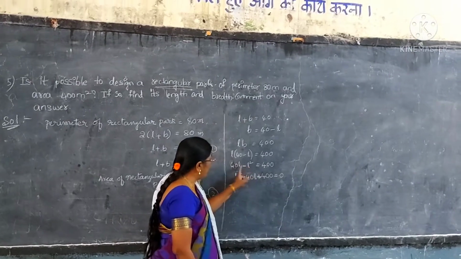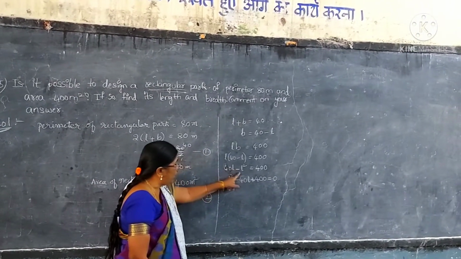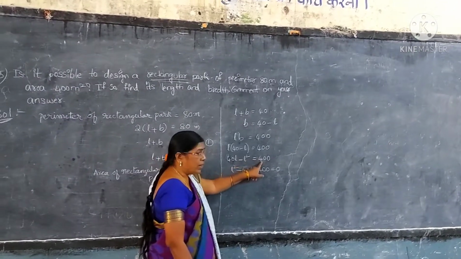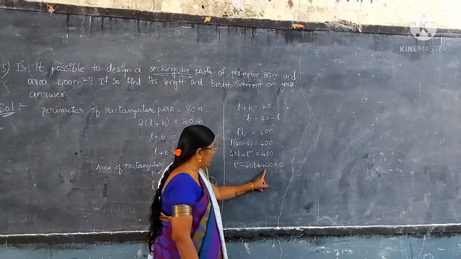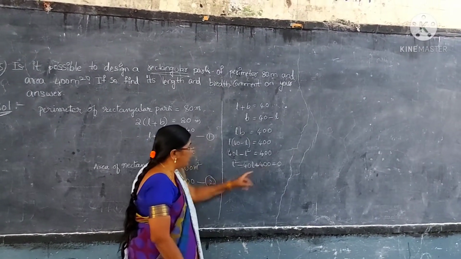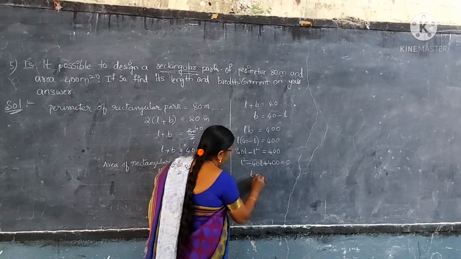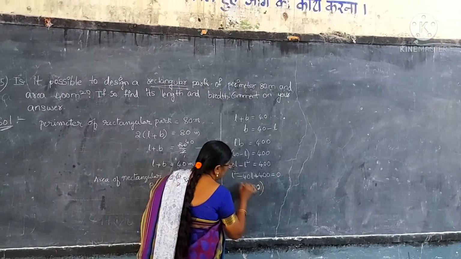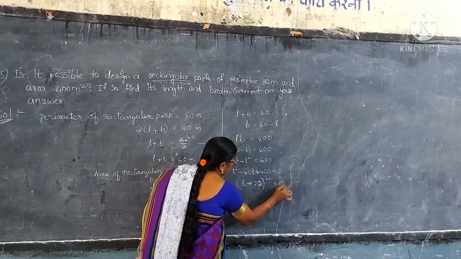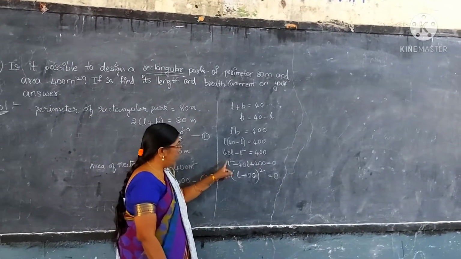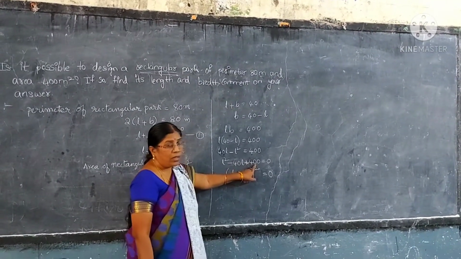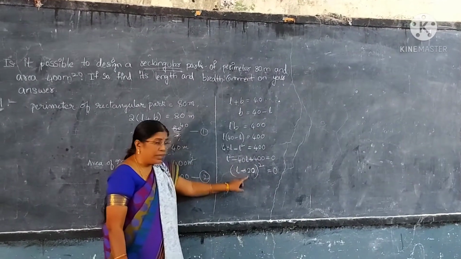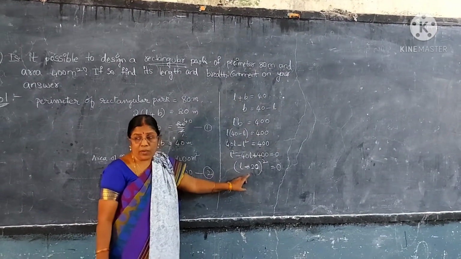So, these two become minus 40L and plus L square and this 400 is as it is, positive only. Now, if we observe this, we can write this as (L minus 20) whole square. This is L square and this is 20 square. (L minus 20) whole square. Is it clear or not?